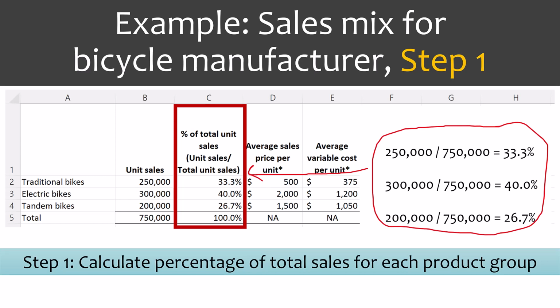Then for electric bikes, we would take the 300,000 unit sales divided by 750,000 total sales to get 40%. And then finally for tandem bikes, 200,000 unit sales divided by 750,000 total sales, 26.7%. Okay, so that's step one.